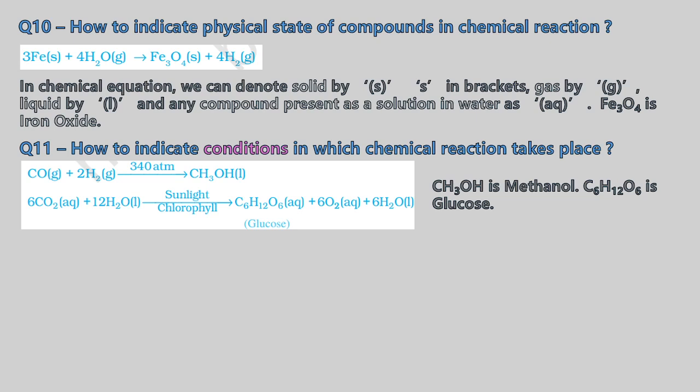When you go outside, the normal pressure is around 1 atmosphere. Now when you pressurize carbon monoxide and hydrogen to a high pressure of 340 atmospheres, you will get the compound CH3OH, which is methanol.